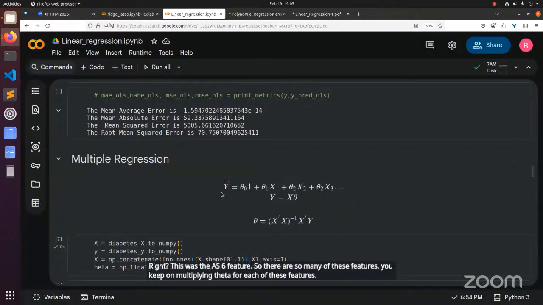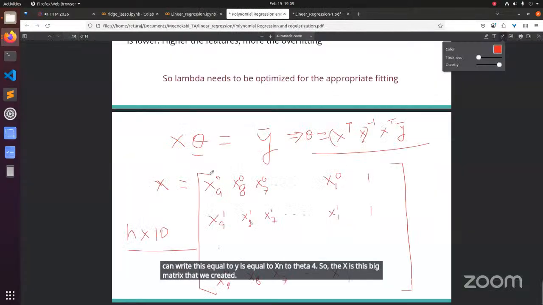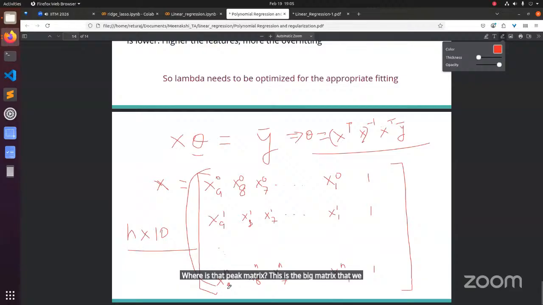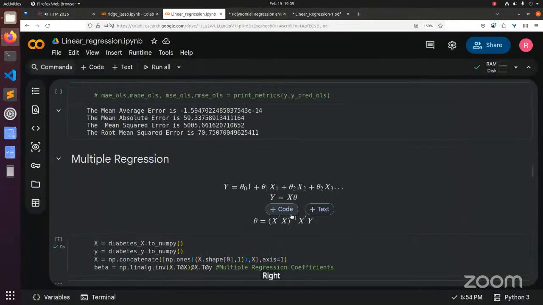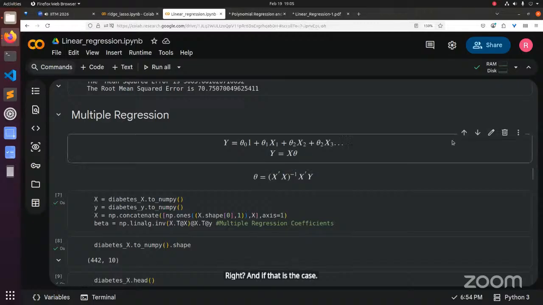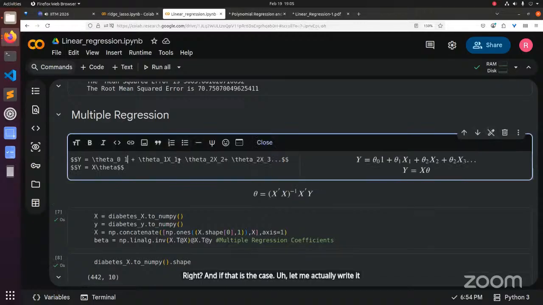And since y is the product of all the linear equations, you can write this as y equals x into theta form. So the x is this big matrix that we created. This is the big matrix that we created, right? Let me actually write it even better. This is small x.